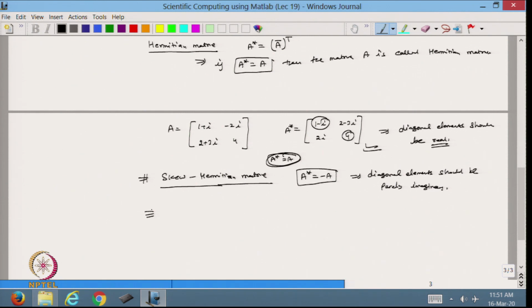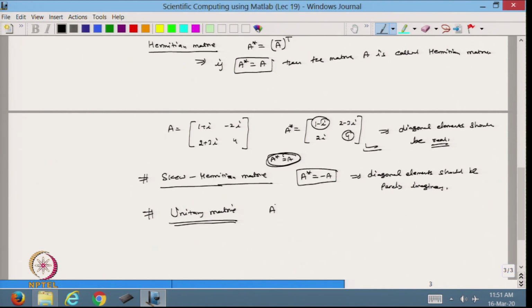And the third one is the unitary matrix. So, the unitary matrix is analogous to the orthogonal matrix.